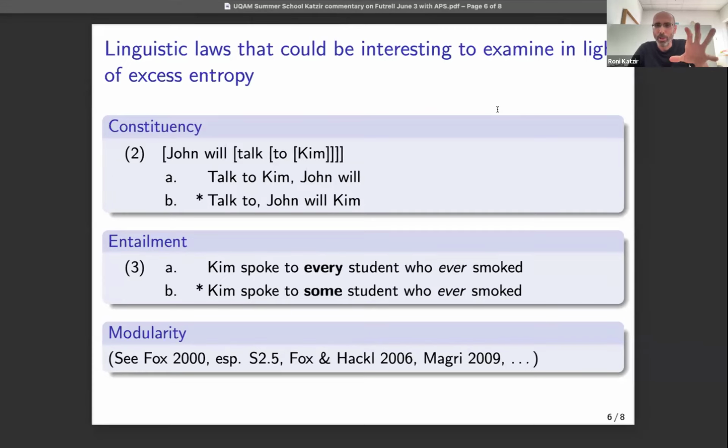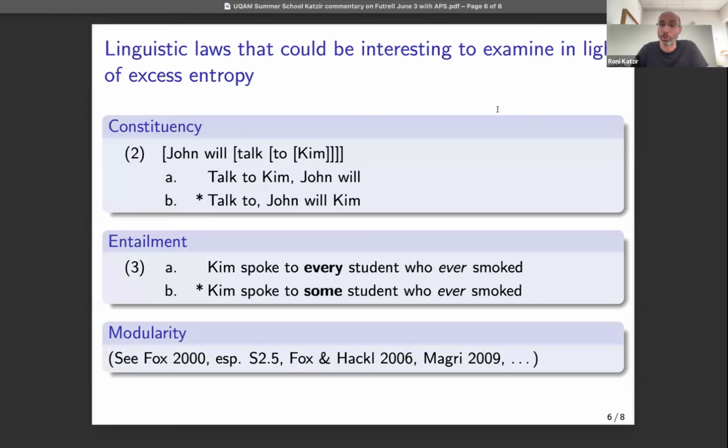Here are some very basic things that linguists have talked about in the past and still think about. One is constituency, which was hinted at, and the fact that linguistic knowledge makes reference to something like bracketing, like parentheses. There are different ways to talk about it, but that's the general idea.